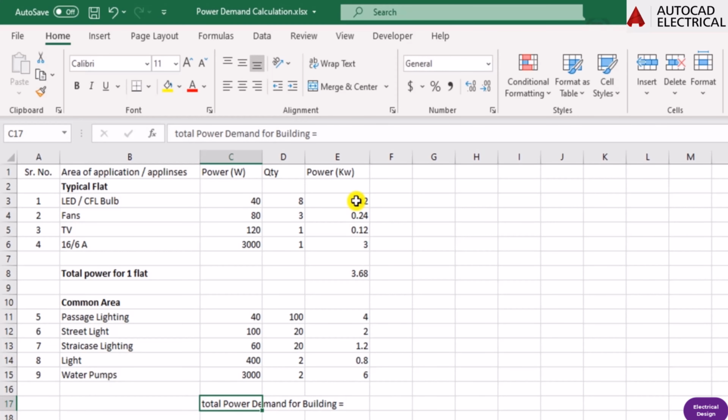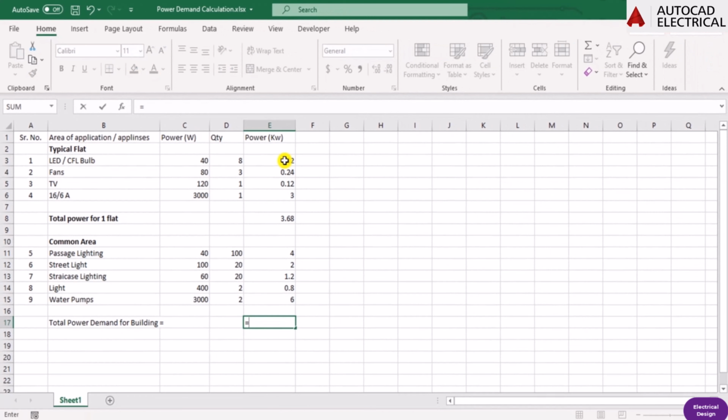We need to calculate the total power required for the building, which is the typical flat plus the common services, that is 17.68.